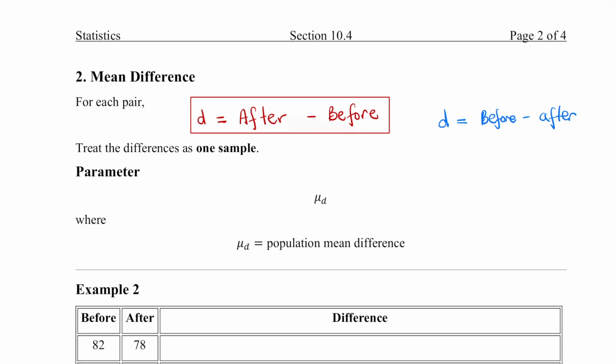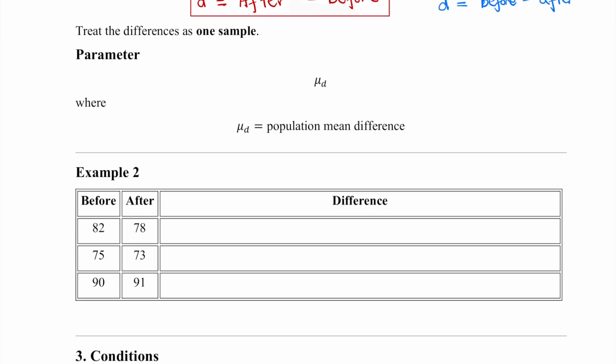Your hypotheses and calculator setup must match the way you defined the differences. After calculating all the differences, we'll treat those differences as one sample. The population parameter is called mu sub d. It represents the population mean difference.